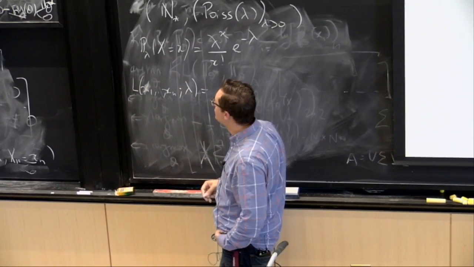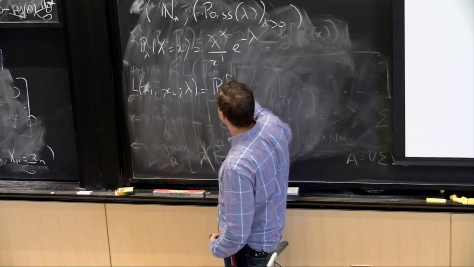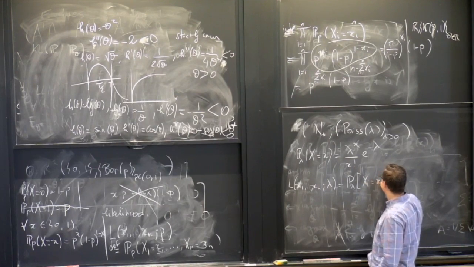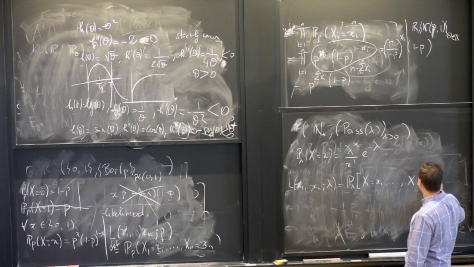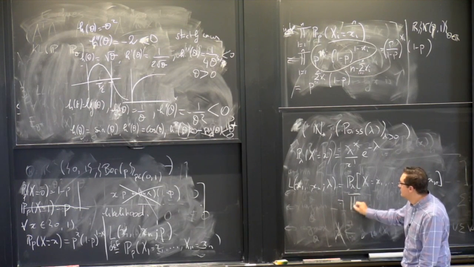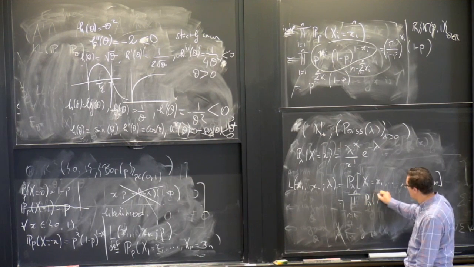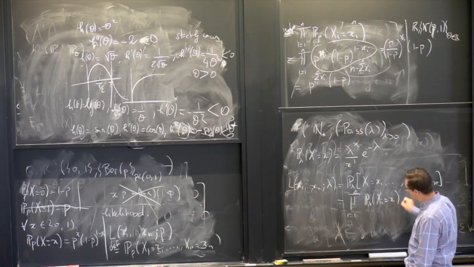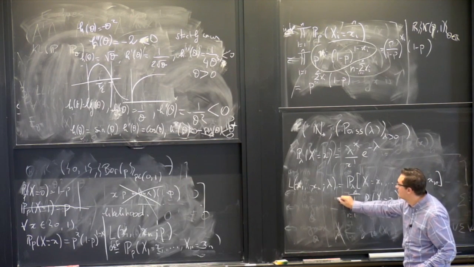This is equal to what? Well, it's equal to the probability under lambda that x1 is little x1, xn is little xn, which is equal to the product, just by independence.